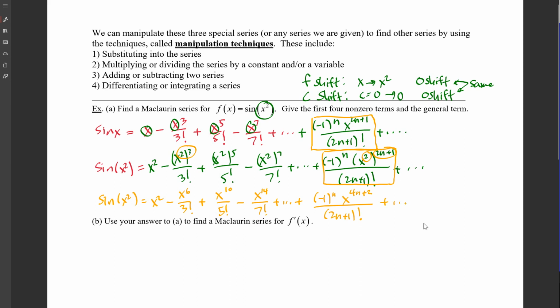And remember, this 2n plus 1 factorial was a constant, and these denominators never changed. All right, so that's why the denominator here for the general term did not change either.